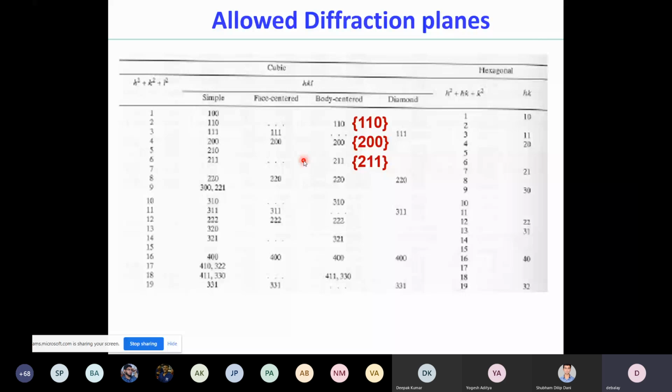If it is FCC, there is no 100 plane; there is 111, 200, 220, like that. If you look into the plane spacing, similarly in BCC, there is no 100 plane; there is 110, 200, 211, like that. So you will find the spacing is largest in the case of 111 in FCC and 110 in BCC. Had it been simple cubic, 100 would have been the slip plane.